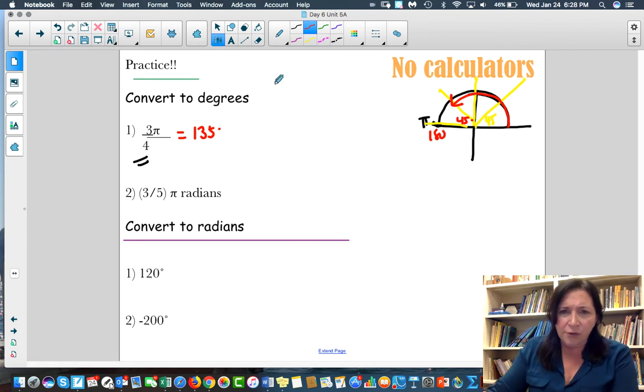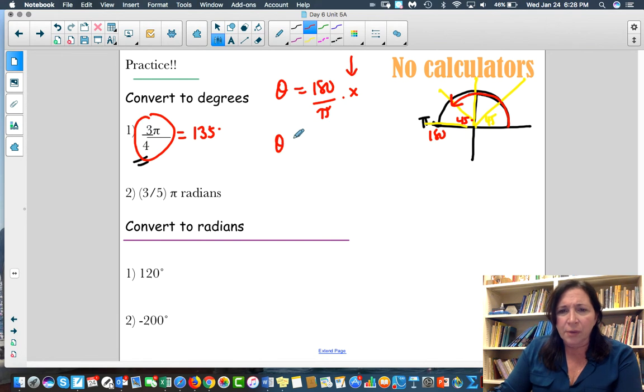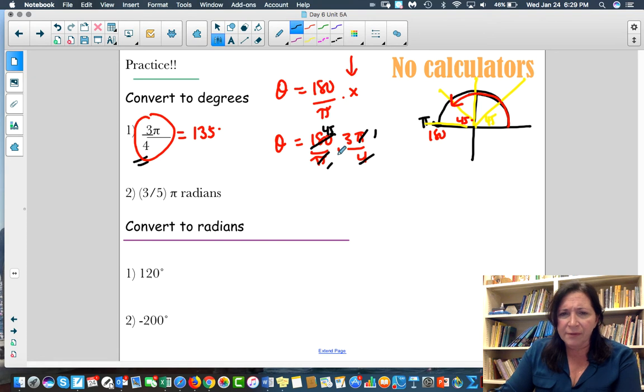You can use your formula, theta equals 180 over pi times x. This is my x right there, so theta equals 180 over pi times 3 pi over 4. Pi divided by pi is 1. 4 divides into 180 45 times, and 45 times 3 is 135. And that's my answer.